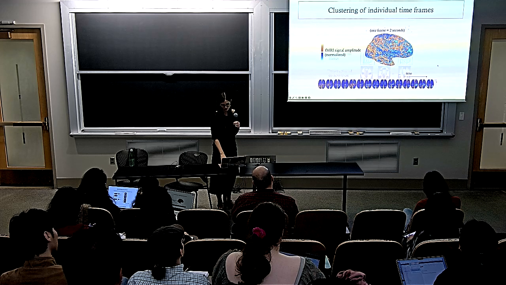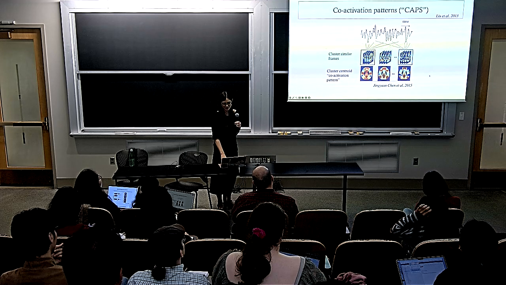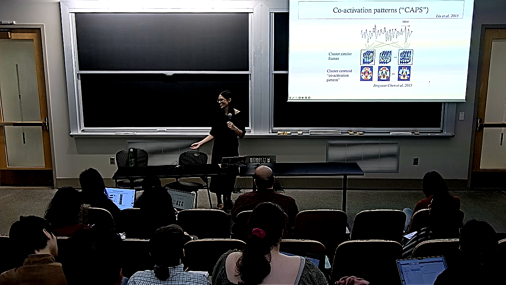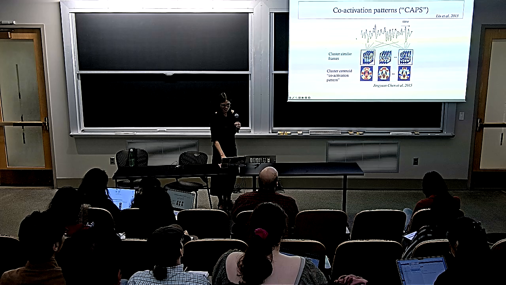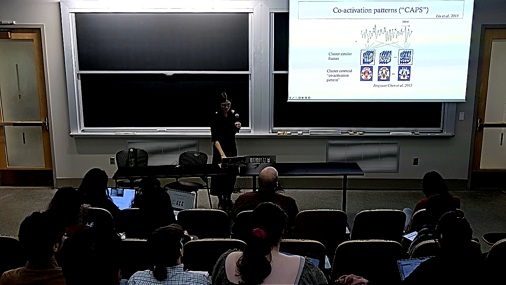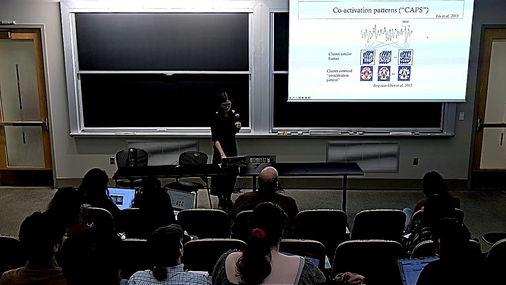And so this is a nice illustration, courtesy of your instructor, Dr. Chen. In this paper, we actually looked at these coactivation patterns in a couple of contexts, which I'll show in a second.